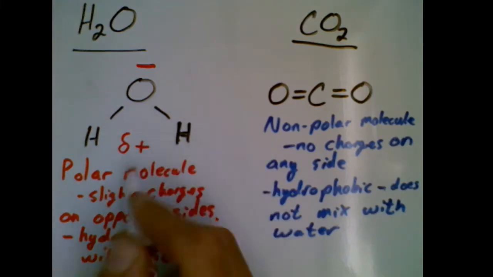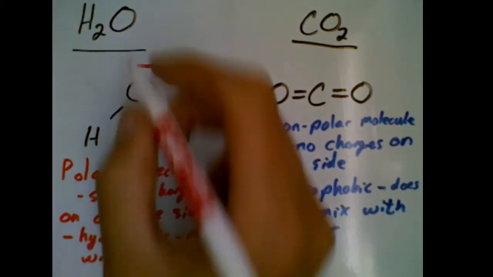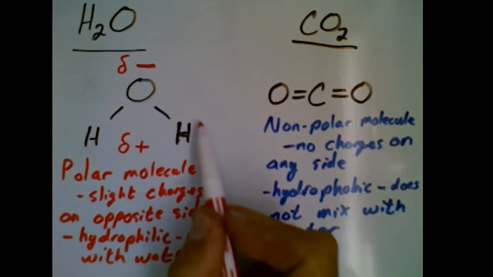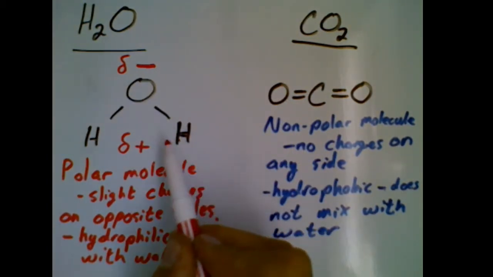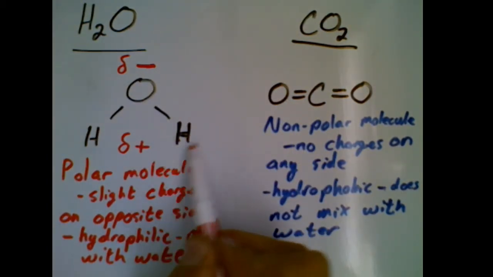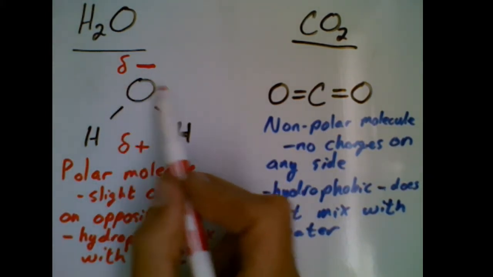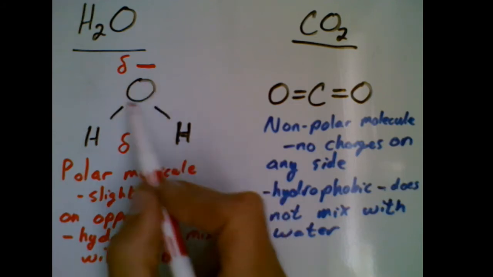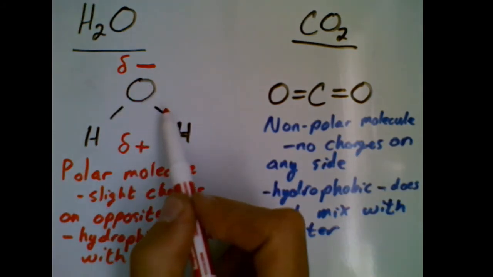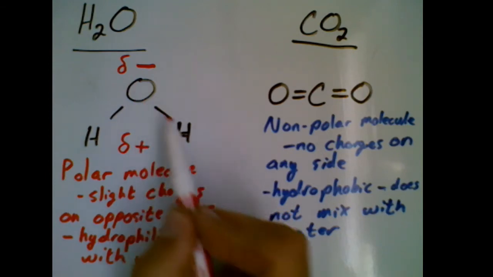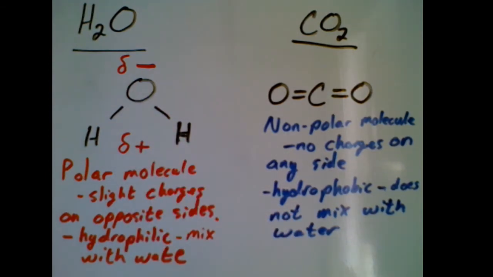And it looks like this. And it means partially positive, partially negative. But the hydrogen itself never lost or gained any electrons, so it's not positive or negative. The oxygen never lost or gained any electrons. It's not fully positive or negative. They are sharing electrons in this bond, and that is why they are covalent.